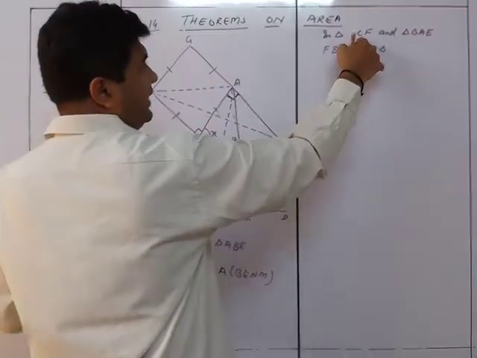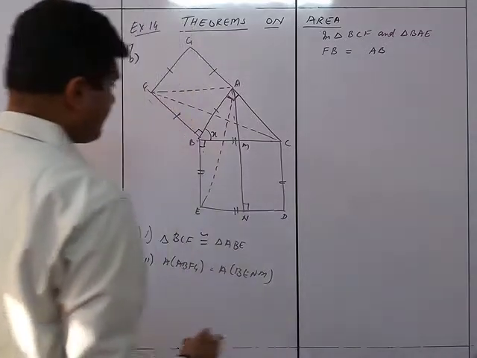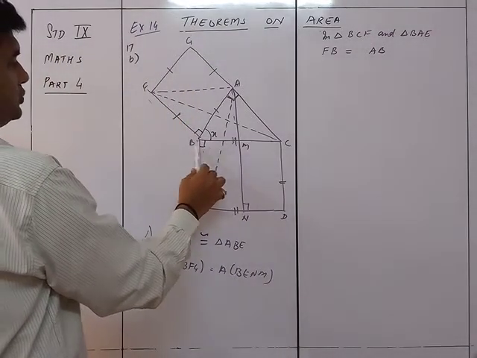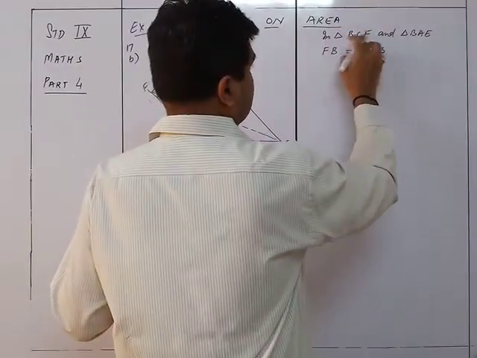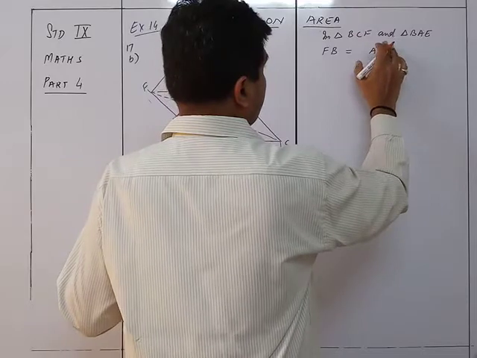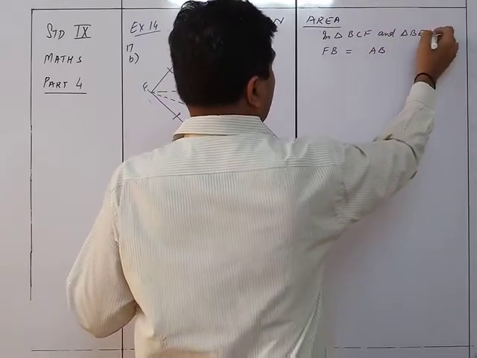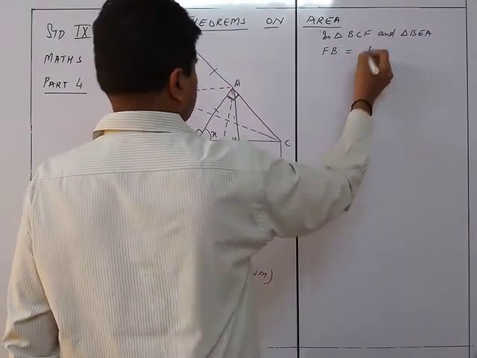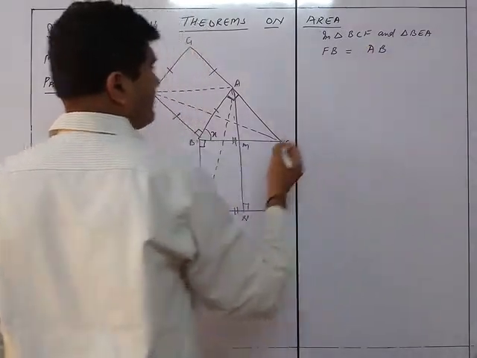Okay, so now FB is equal to BC. FB is equal to AB, right?